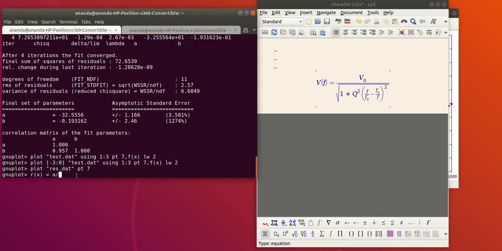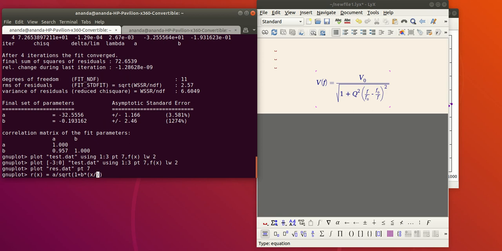Here a is standing in for v0, then you have to divide by the square root of the whole thing inside brackets. 1 plus, well, no point in writing q square, I can just write b into, now instead of f I have to use x, because to gnuplot the dependent variable is always x, at least for 2D graphs.